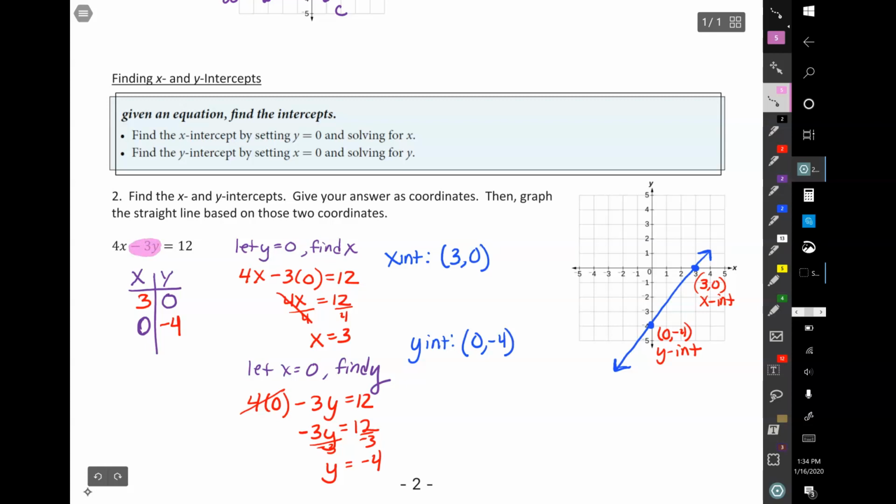And you can think, 4 times what equals 12? Well, it's just 3. So it's kind of easy to figure out that way. Then you can also do it for the other one. So if I had x equal to 0, it basically just blots that out, and you think negative 3y equals 12, and so you can just put in negative 4 and kind of just do it in your head.